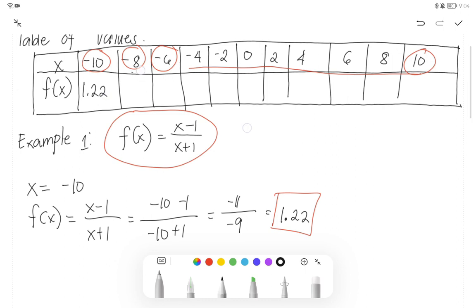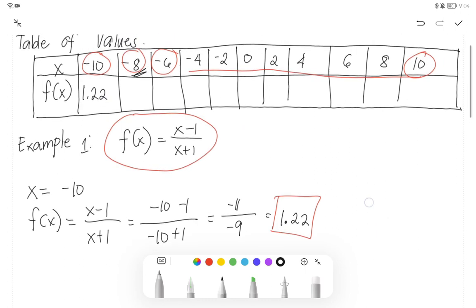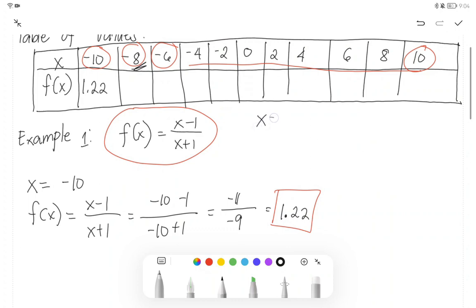Now let's proceed with negative 8. Let's say x equals negative 8. F of x equals x minus 1 over x plus 1 is negative 8 minus 1 over negative 8 plus 1.